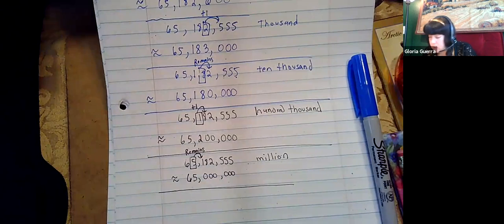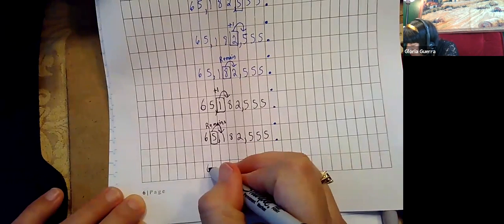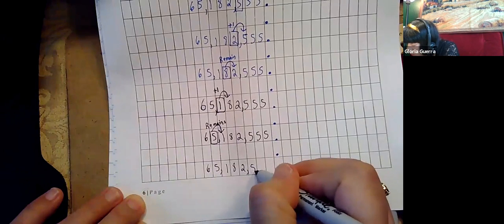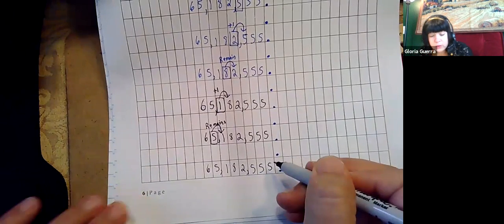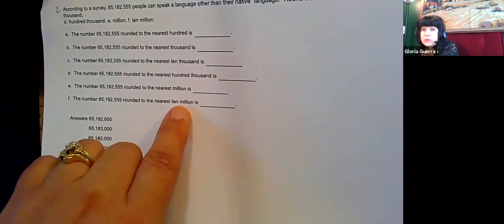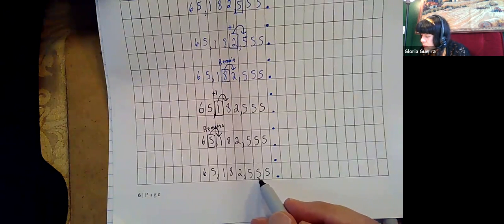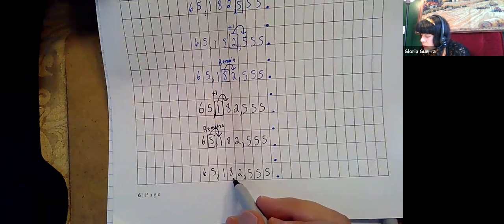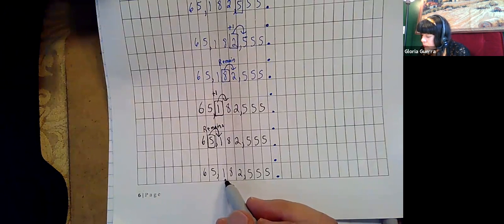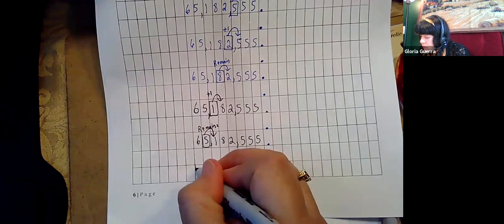Okay, and then again, I'm going to write that number down. It's the same number that we've been comparing. And this time we're rounding it to the nearest 10 millions. Okay, so ones, tens, hundreds, thousands, 10,000s, 100,000s, million, 1 million, and then 10 millions.